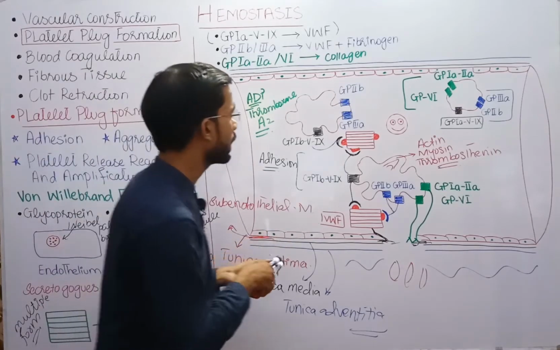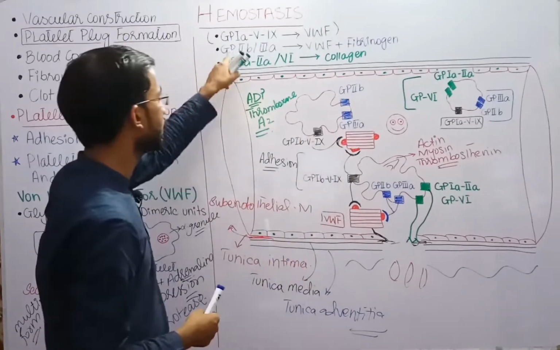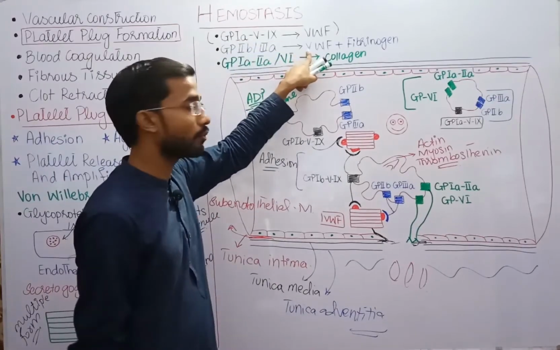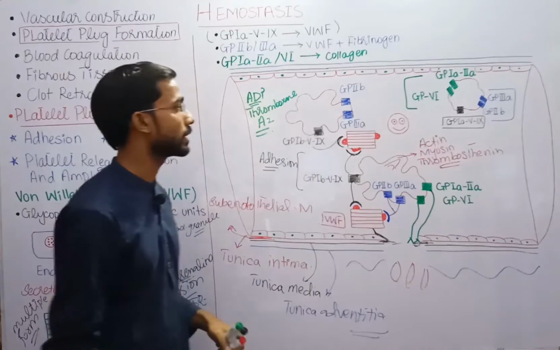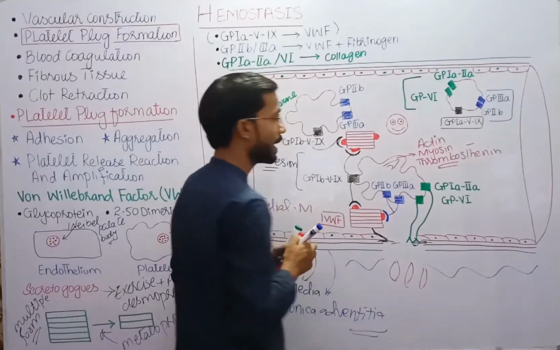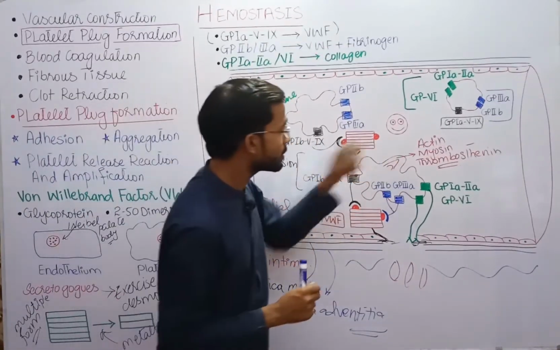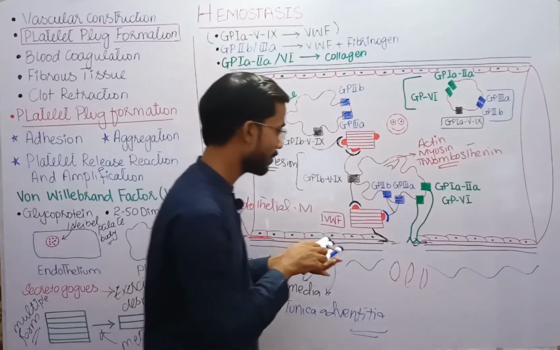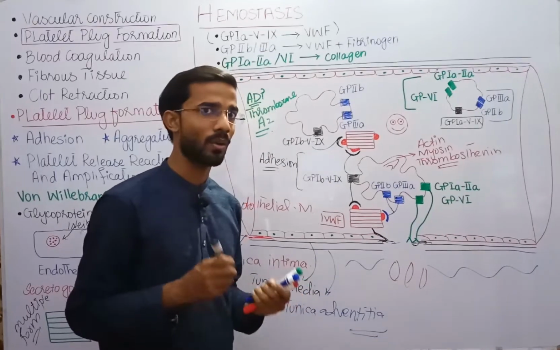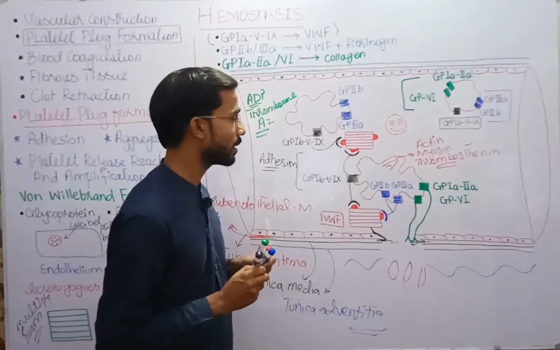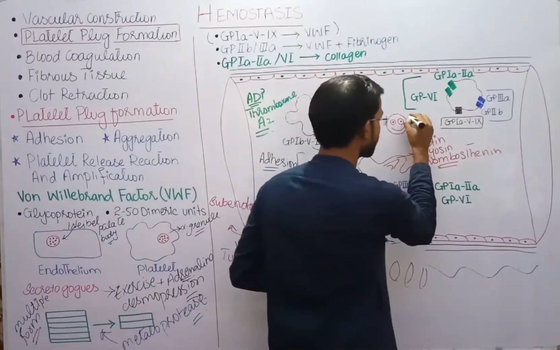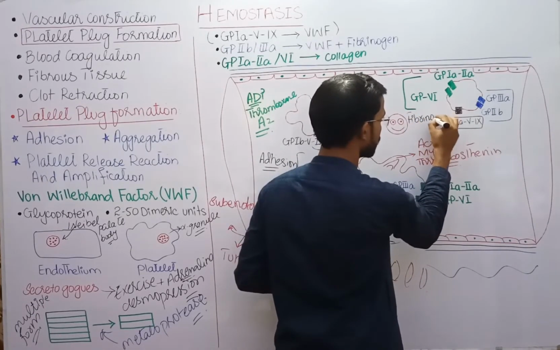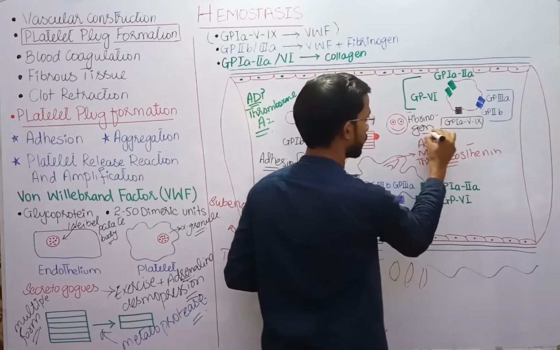Similarly, this second complex can attach with von Willebrand factor and fibrinogen. This complex here, very interesting, this smile face which is showing over the board is a protein. What protein is this face? It is the fibrinogen, right?